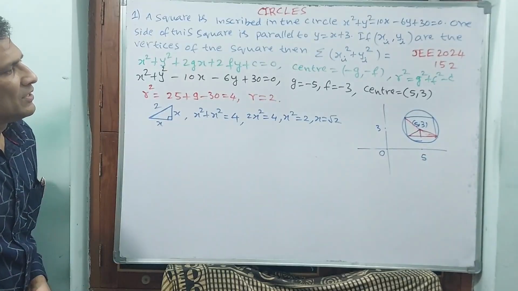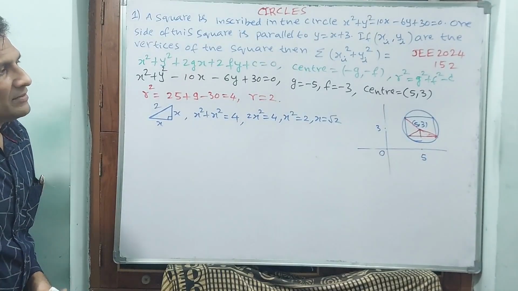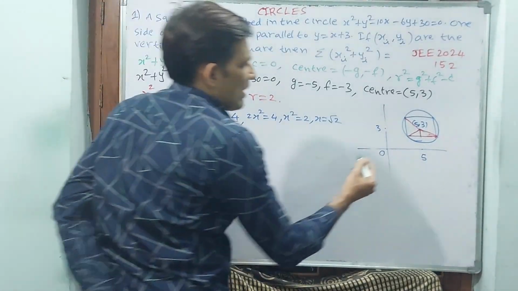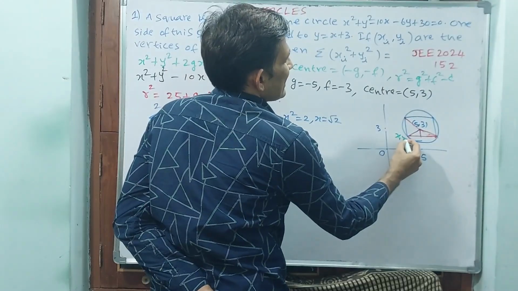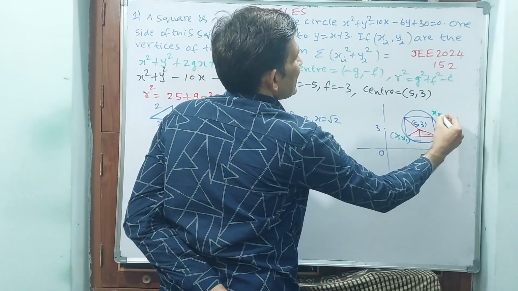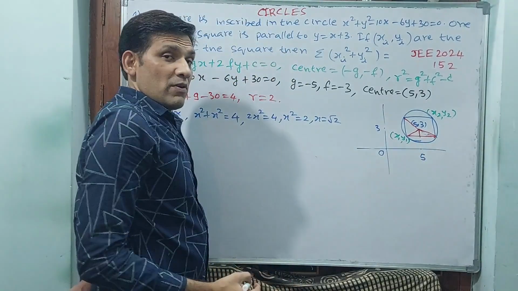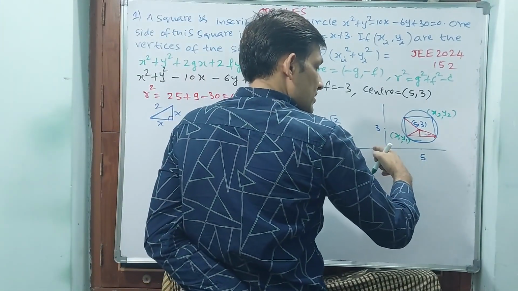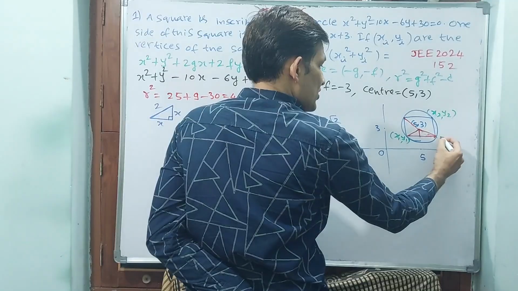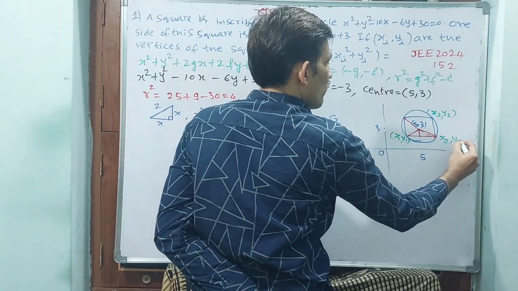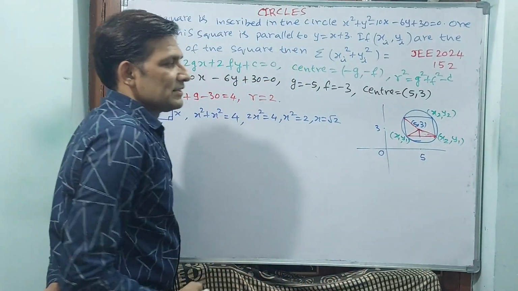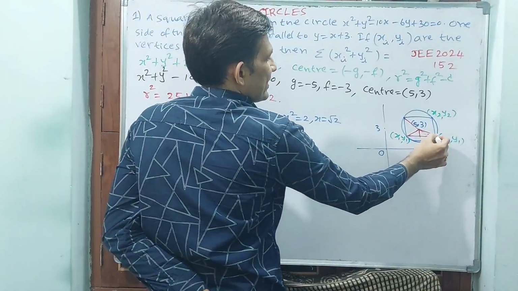Okay, now how can you find these points? See what I want to say. Let us take this as (x1, y1), this as (x2, y2). Why? Because see here x only is changing, y is not changing. That is why this is going to become (x2, y1). Vertex, vertex, vertex, vertex.